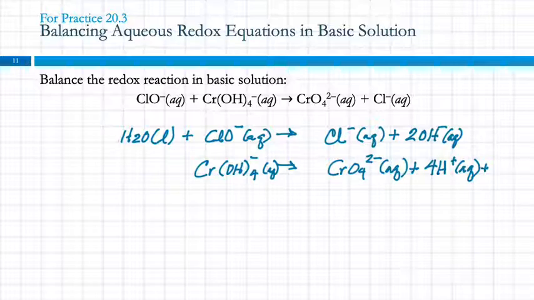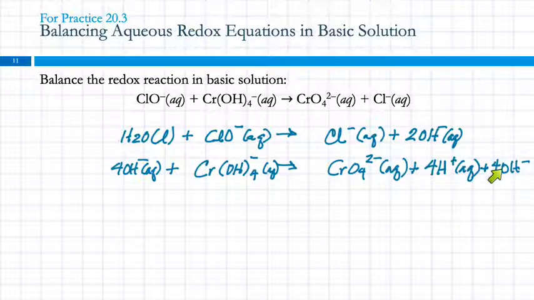So I'm going to add 4 hydroxide ions to each side to neutralize those. It's still balanced for mass. And then to make things easier on myself later, 4 hydrogen ions and 4 hydroxide ions make 4 water molecules. So I'm going to write 4 water molecules here instead.